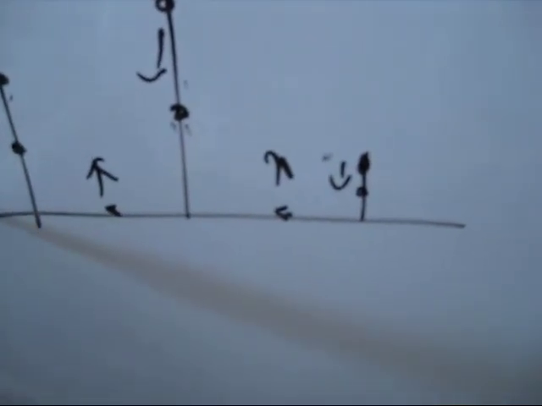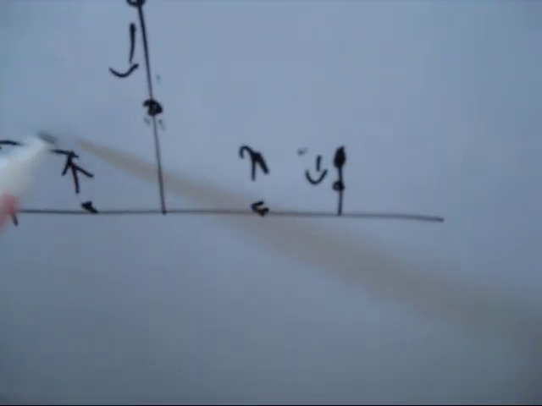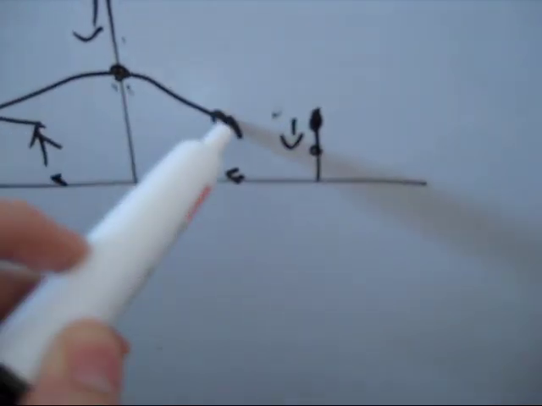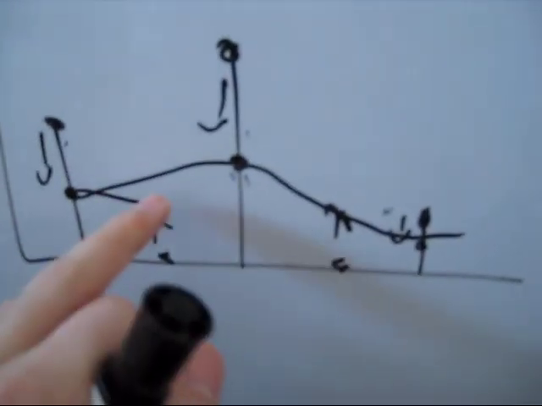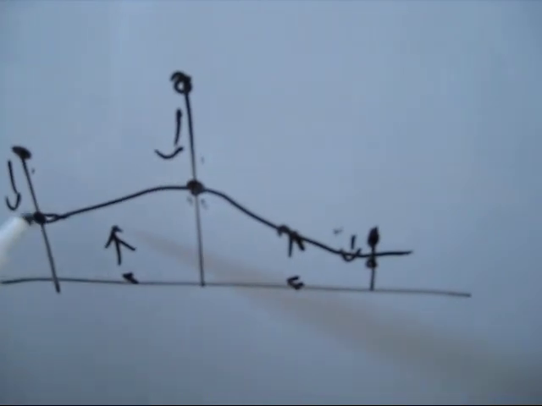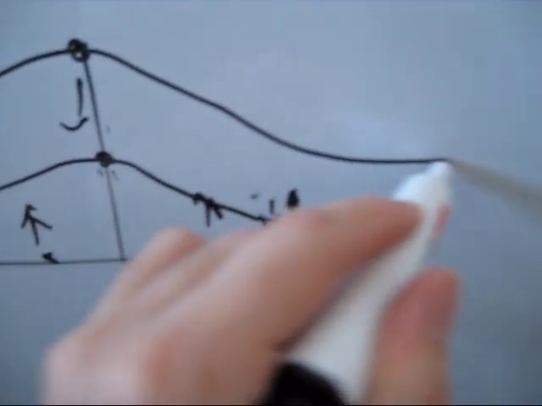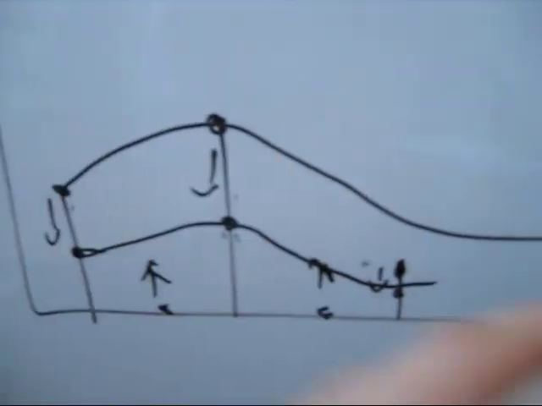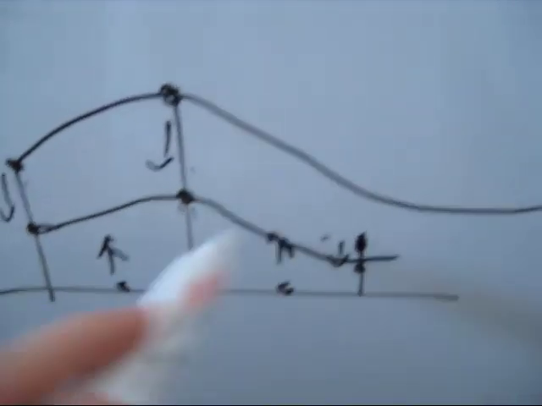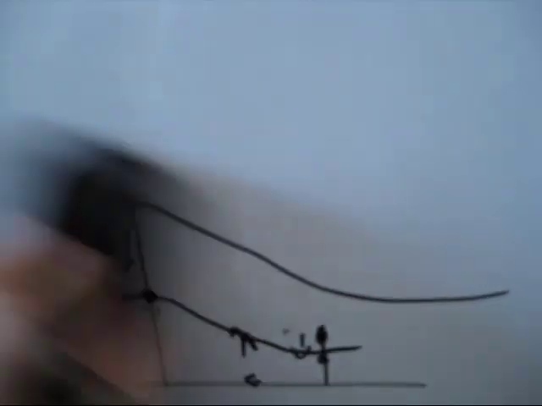So you'll end up with something that looks like that instead. Don't know why I drew that there. There we go. So you'll end up with something like that as opposed to something like that, which is what you kind of more wanted as opposed to the squished signal. So you've got to give it some gain.